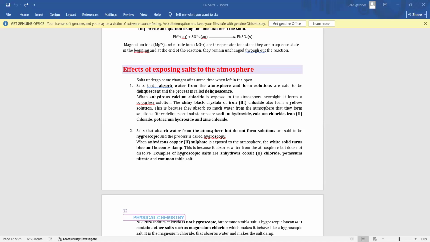Filter out the crystals and dry them between filter papers.